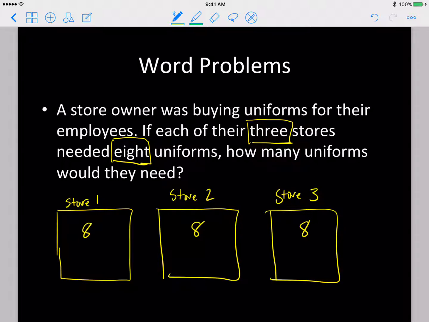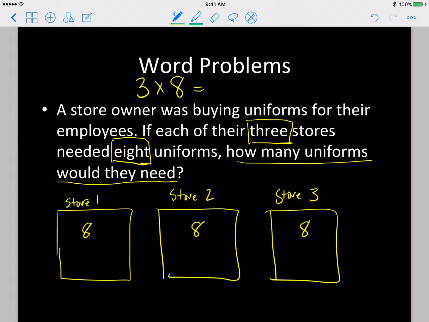So if you're thinking I'm looking for the total number of uniforms, because this says how many uniforms would they need, you are correct. So I have 3 stores, and they need 8 uniforms at each store. So 3 times 8. So you might have this memorized, and if you do, that's great.